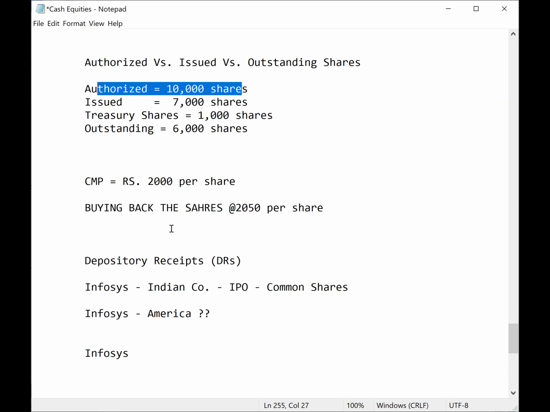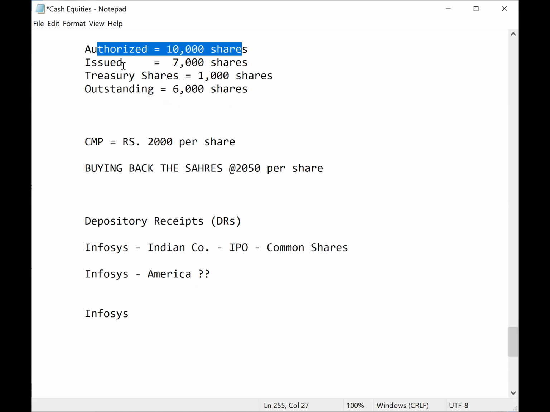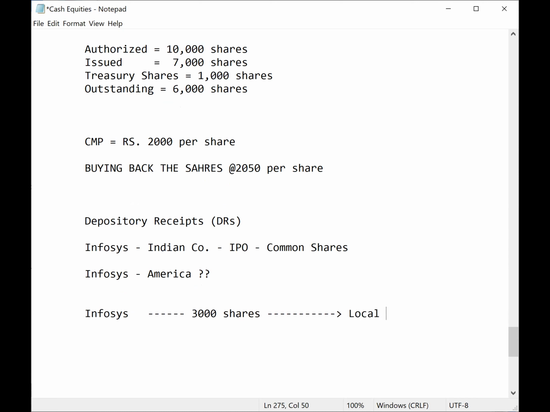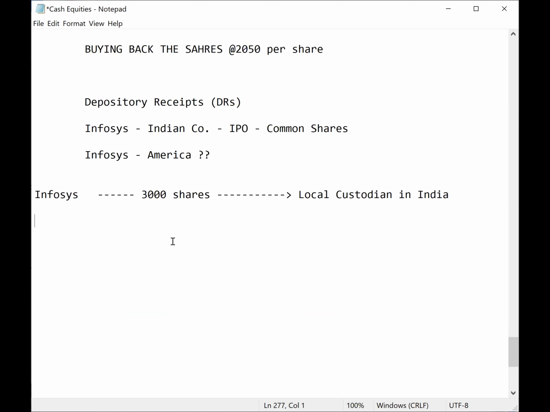Now, rather than issuing those 3,000 shares in the Indian market, they can transfer the 3,000 shares to the local custodian in India. Let's say Stock Holding Corporation of India, SHCI.